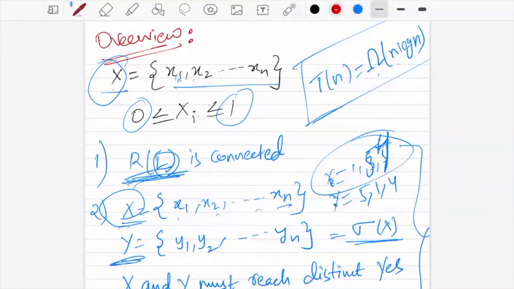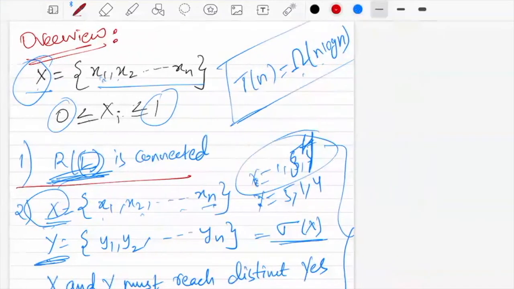First, I'm going to take subclaim one to prove that R of L is connected.